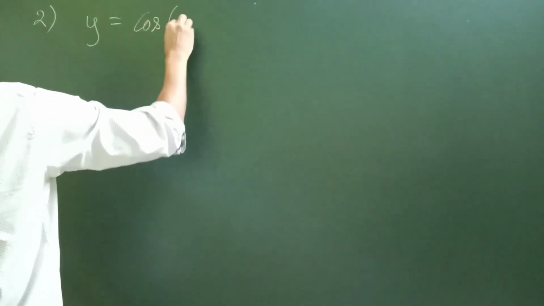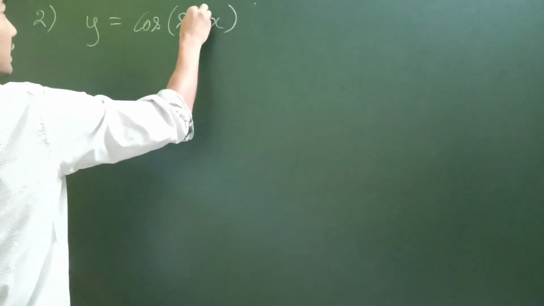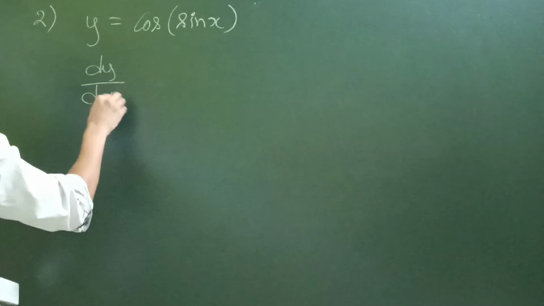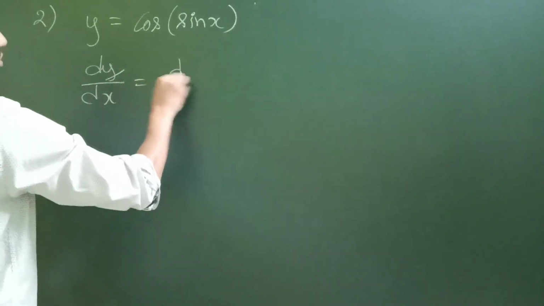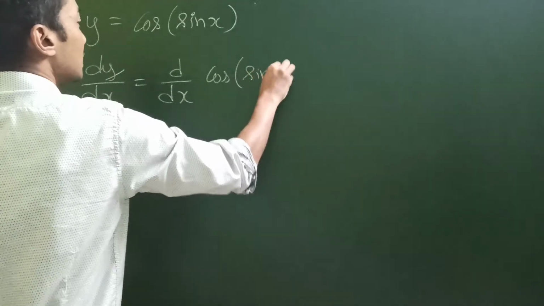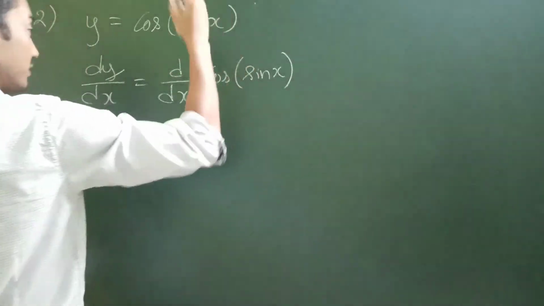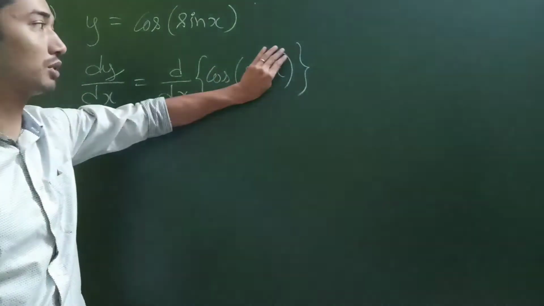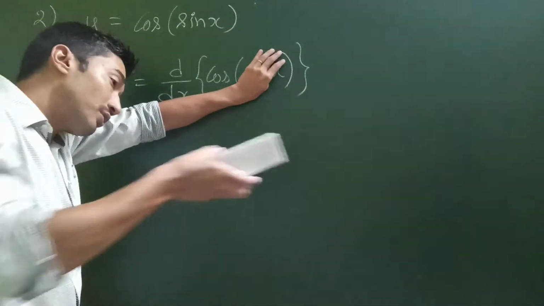Alright, let's go to the second question. Let y equal cos of sine x. Now here also identify how many functions we have. Of course we have trigonometric functions, but how many? We have two trigonometric functions, cos and sine, so it's like cos of sine x.